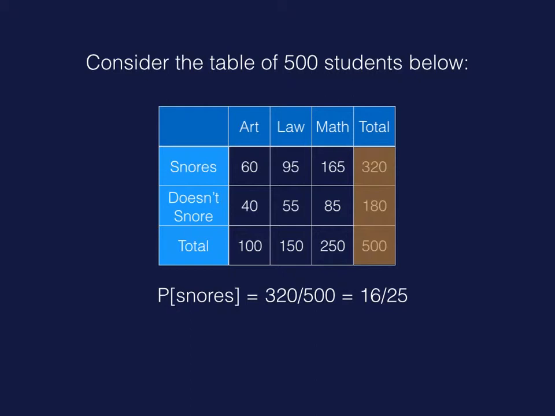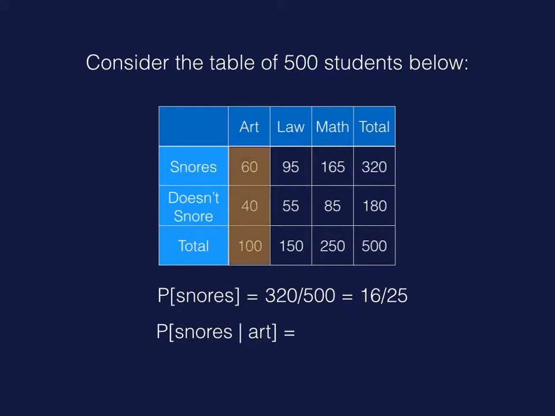Okay, so that's a marginal distribution. That's the total number of students and the total number of snoring students. A conditional probability like this, so given that the student is in art, I'm going to focus then entirely on just the art students. Out of the 100 art students, 60 of them snore, so that's a probability of 3 out of 5.